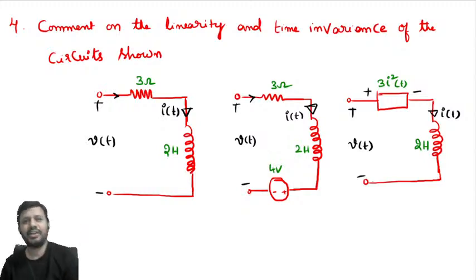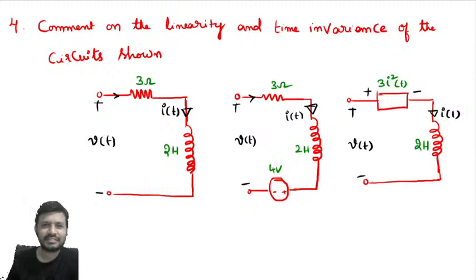How are you going to do this? Hint I am giving: write the KVL. Write KVL for each circuit, then you will get the input output relationship from which you can say.